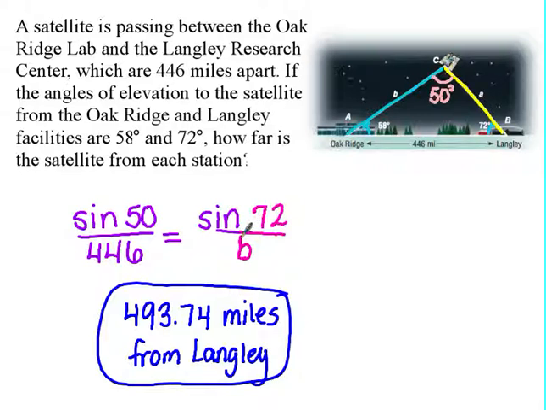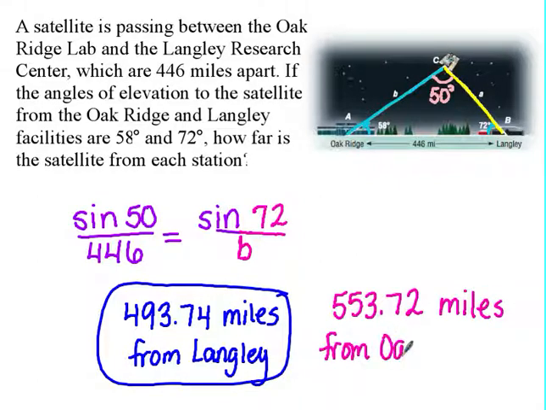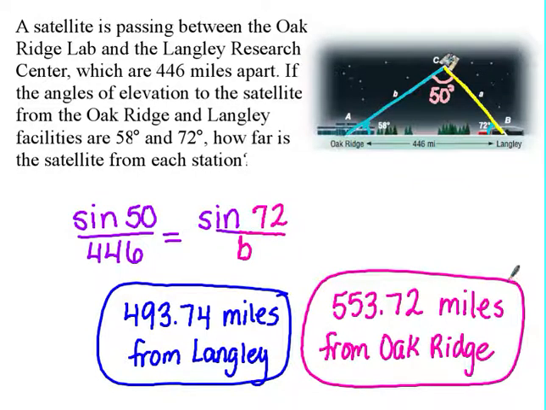So what do you get your answer to be? 553.72 miles from what? Oak Ridge. So the first one was A. Yep. And this one is B. So that is the law of sines.